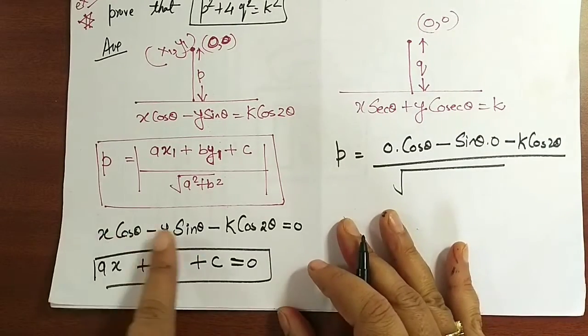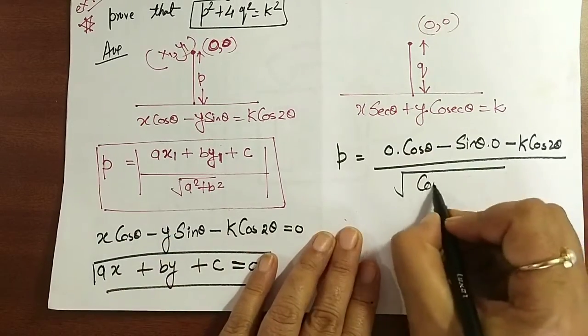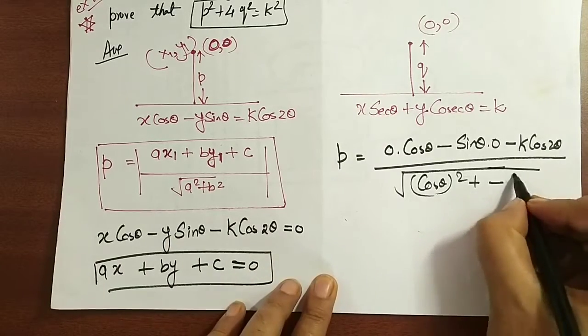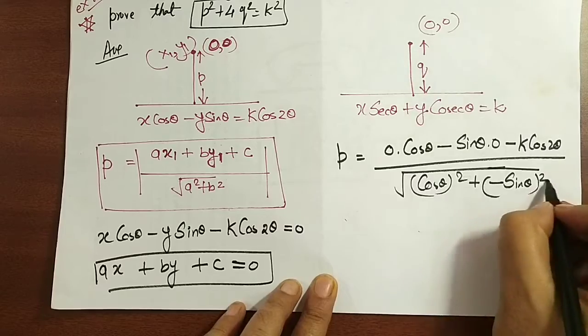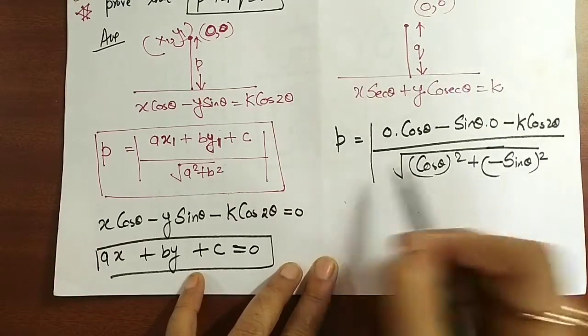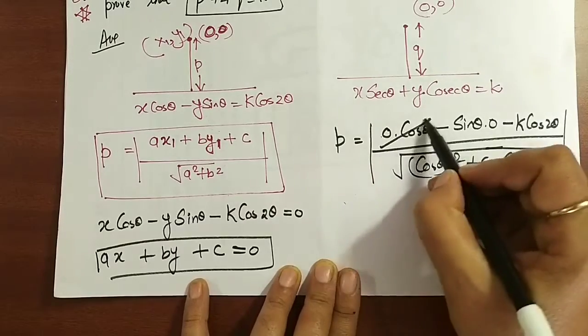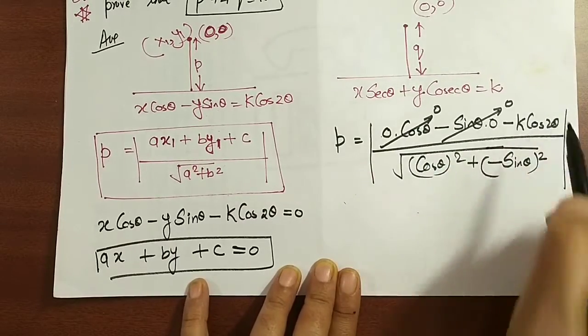These are the coefficients of x and y, so it is cos theta square plus minus sin theta square. Let me solve it. This will become 0, this is 0, and what is left is this.